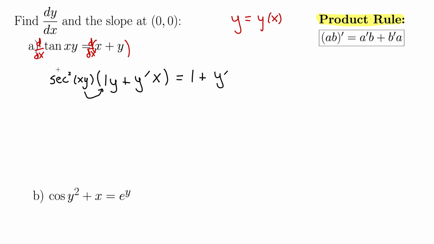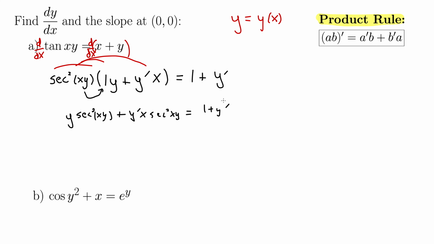What I'm going to do is distribute the secant squared xy to both of these, and then work to get all the terms with y prime on one side and everything without a y prime on the other. That will allow us to solve for y prime. So let's do it. Here we have y sec²(xy) plus y prime x sec²(xy) equals 1 plus y prime.